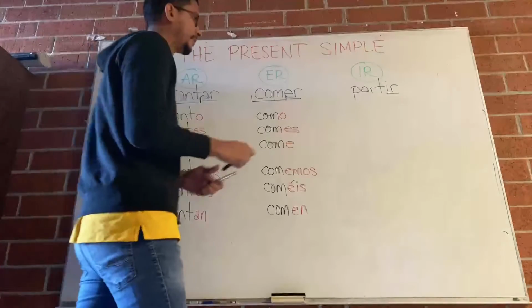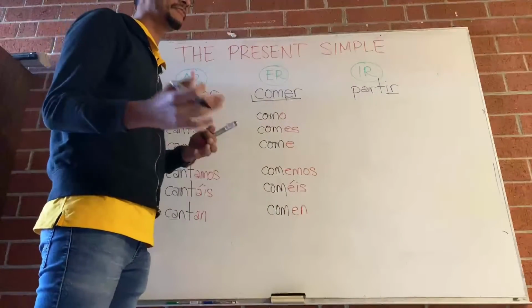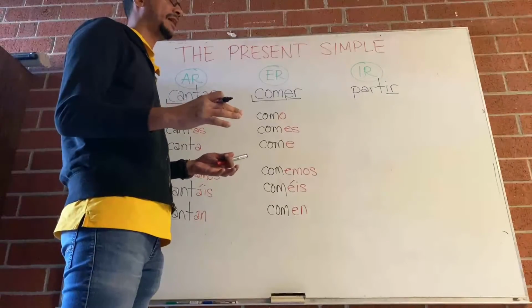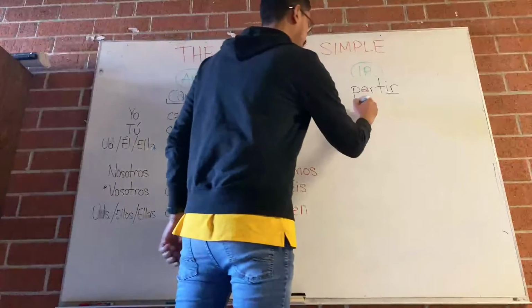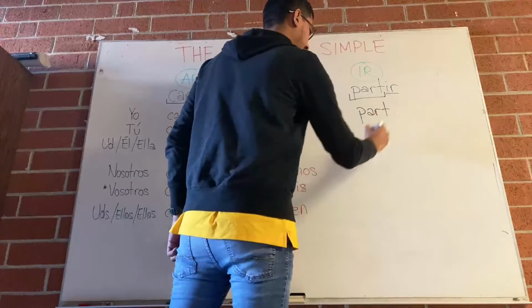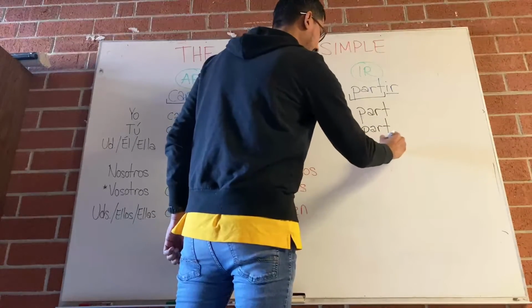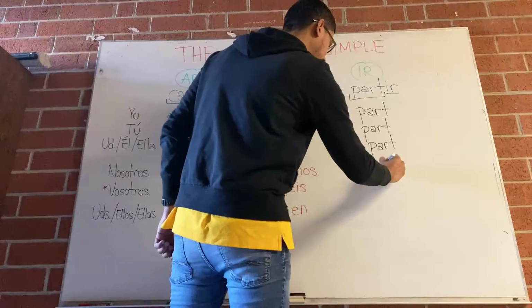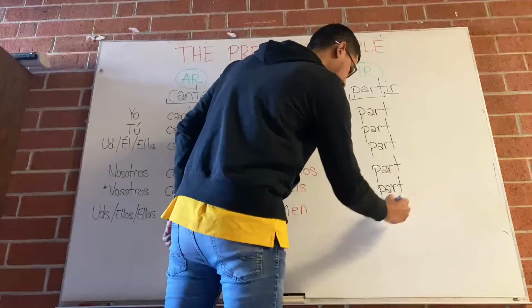And finally, we have the verb partir, which can mean many different things. But let's use it as break, like partir algo, break something, right? So we have the stem here, right? None of these are stem changing. Remember that sometimes you might find some stem changing verbs, like we have studied them before, right?